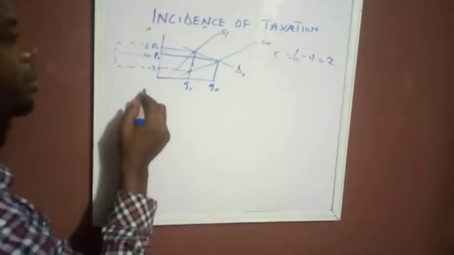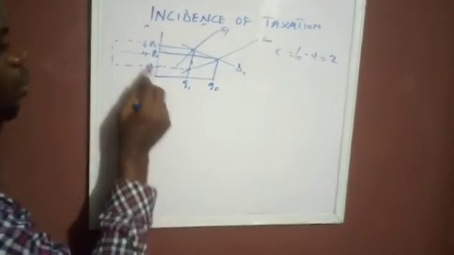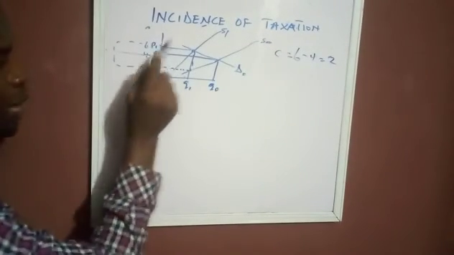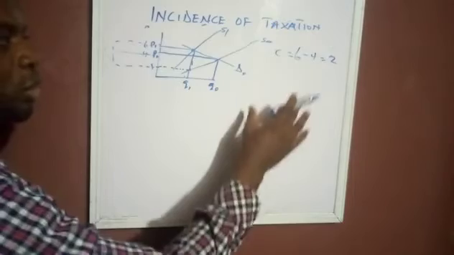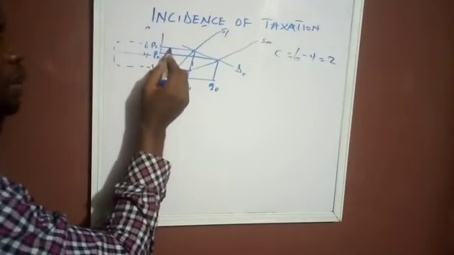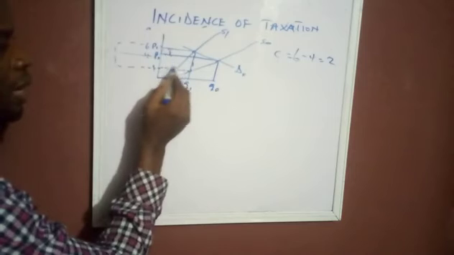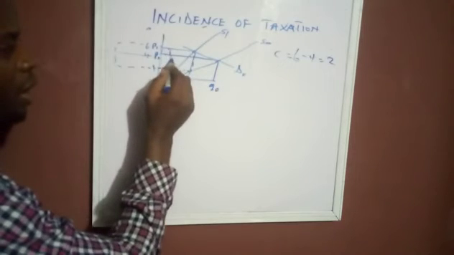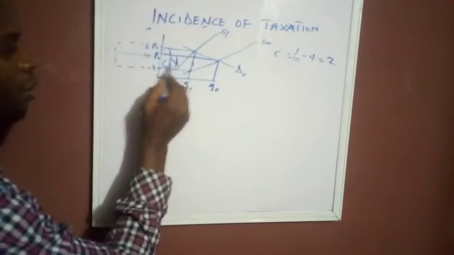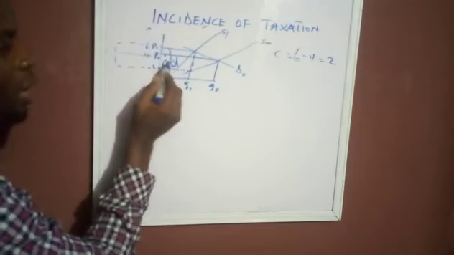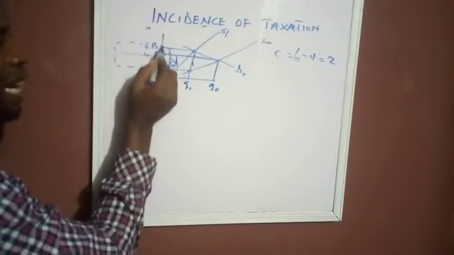So if it is 1, if you look at the space, ordinarily you just look at it without even attaching any number to it. If you look at the space here, from here to here, which is for the consumer, then from this point to this point, you can see that this space is bigger than this space.